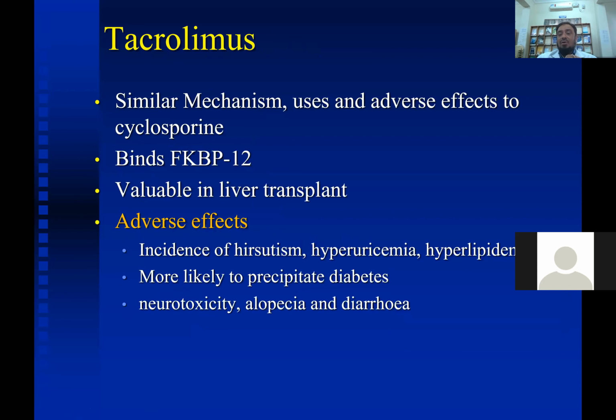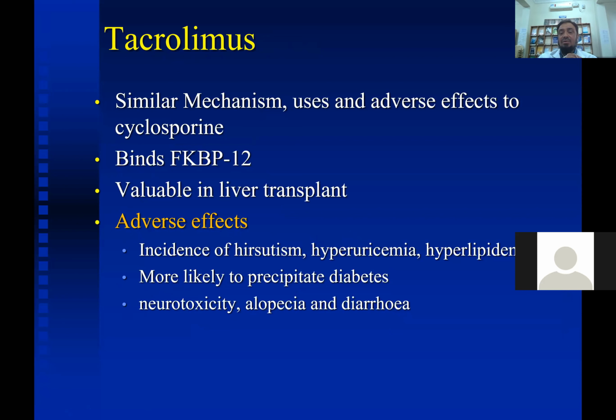Now coming to tacrolimus. Tacrolimus has a similar mechanism of action and similar adverse effects; only the binding site is different. It binds to another immunophilin, which is FK binding protein 12.